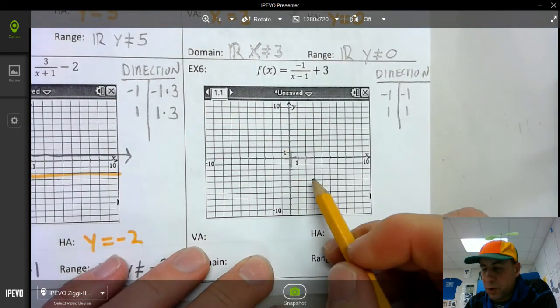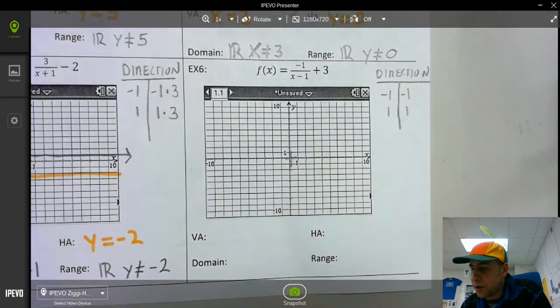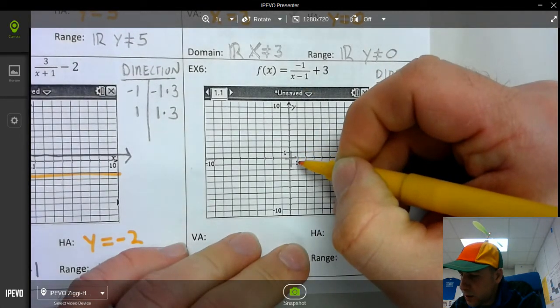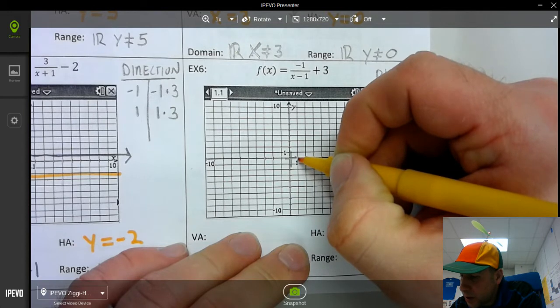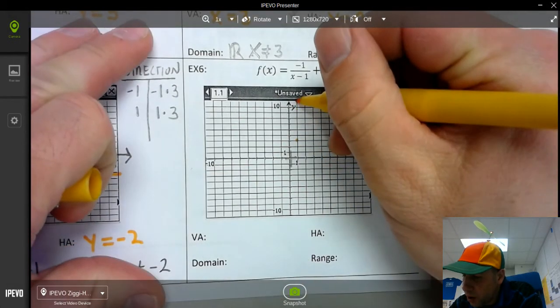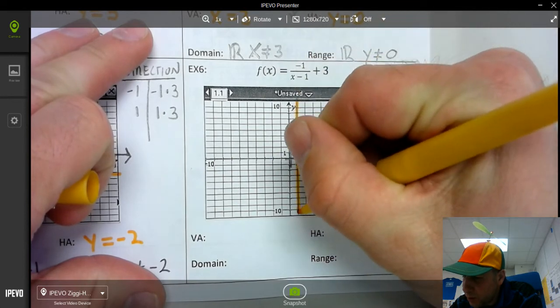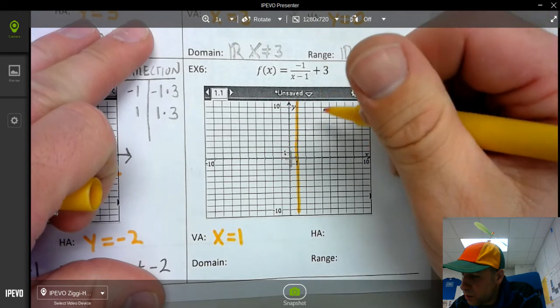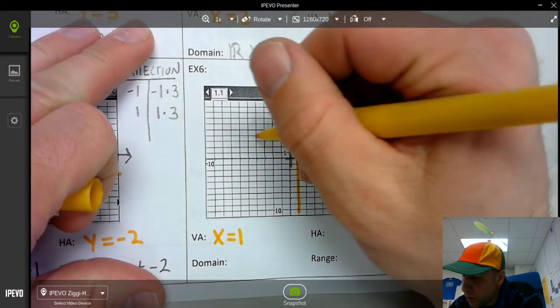So we start at x equals 0, y equals 0. Okay, so in this case, we go to the right 1, up 1, 2, 3. So we know our new vertical asymptote is x equals 1, and our new horizontal asymptote is y equals 3.